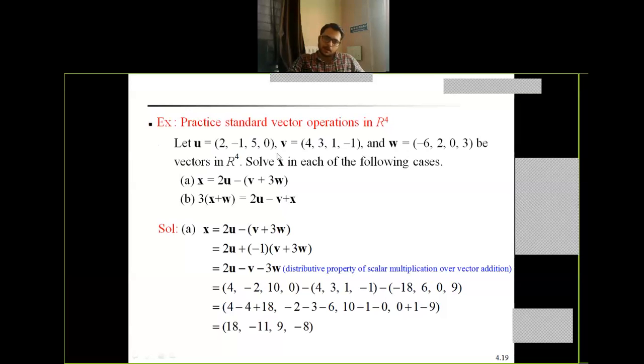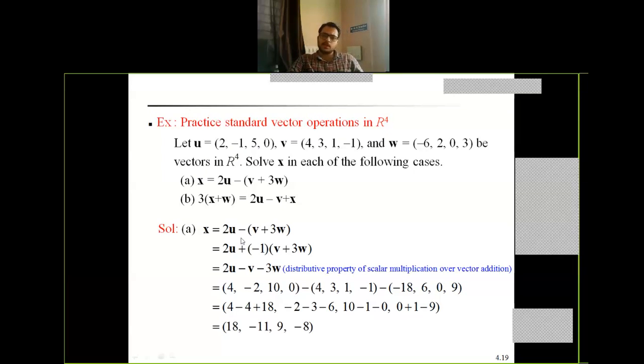We have to find the value of x in both part A and part B. This is nothing but vector addition and multiplication, depending on the identities in the previous slide, which we will discuss as axioms in the definition of vector space.